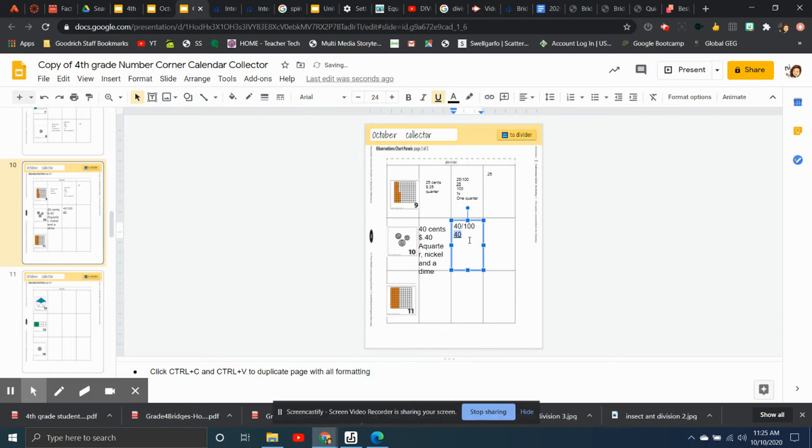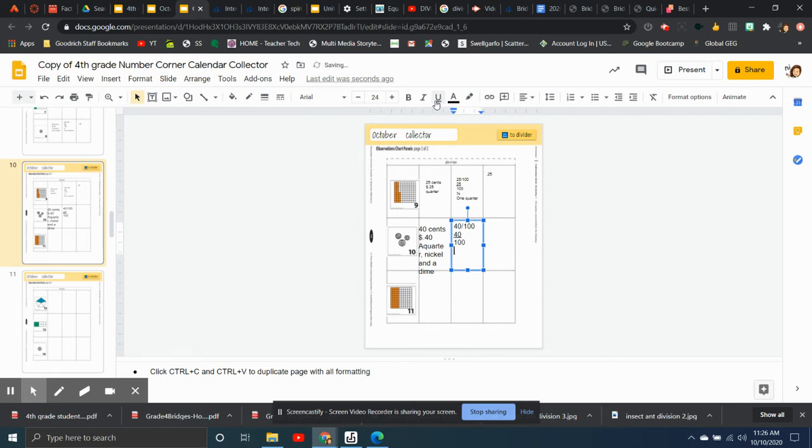Underline, underline off, 40 over 100. Now remember, we were talking last week about how, can a number go into both of these? Well, I know that 20 goes into 40 2 times, and 20 goes into 100 5 times.